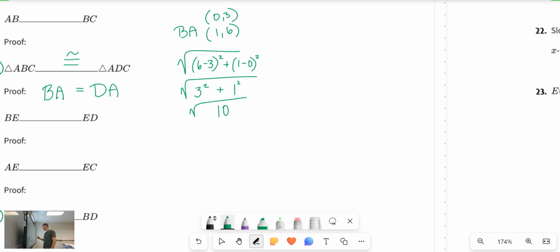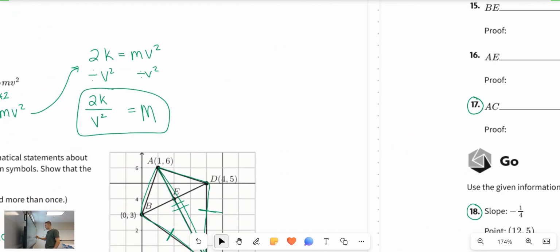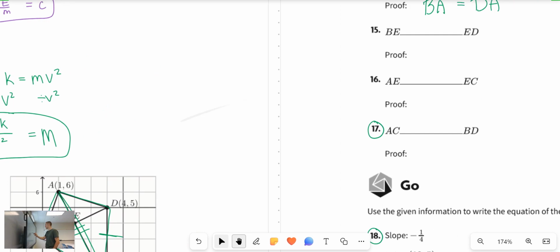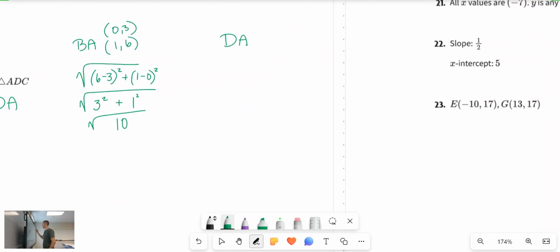Now we go up here and we say D to A. Right? What are the points D and A? So D is 4, 5, and A is 1, 6. So 4, 5 to 1, 6. And we set up our square root, right? Same thing, but now instead of using the 0, 3 point, we're going to write the other point.